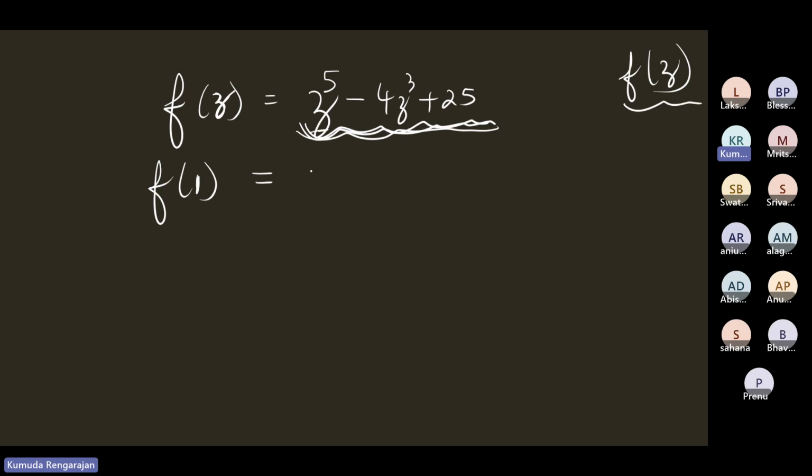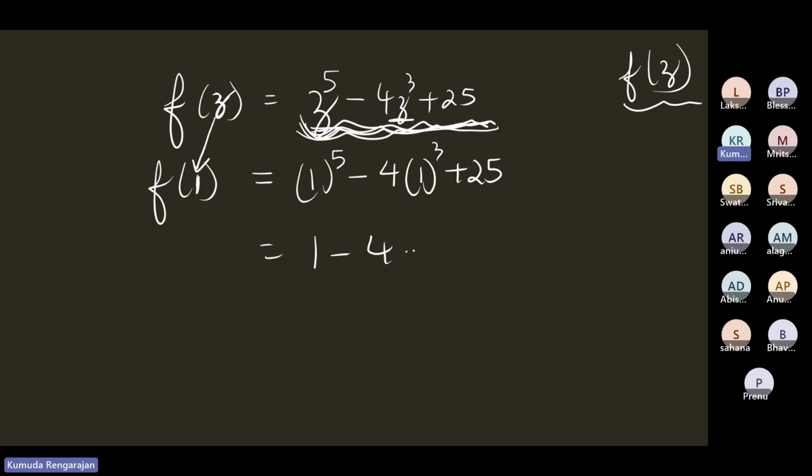Wherever there is z, replace it with 1. 1 to the power 5 minus 4, z is replaced with 1. So what is it? 1 minus 4 plus 25. 1 minus 4 is minus 3. 25 minus 3 is 22.